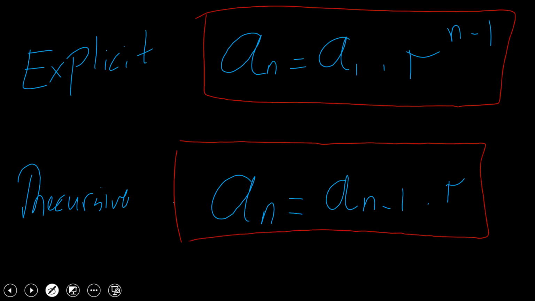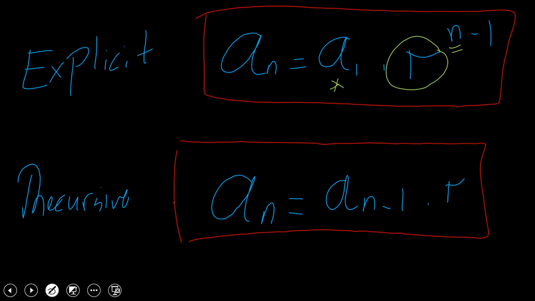Now, look at them. In the explicit formula, if I want to find any term, for example a sub 50, what do I need? I need r, the common ratio, I need the number of the term, and I need the first term. So if you know the first term, the common ratio, and the number of the term, you can find the term.